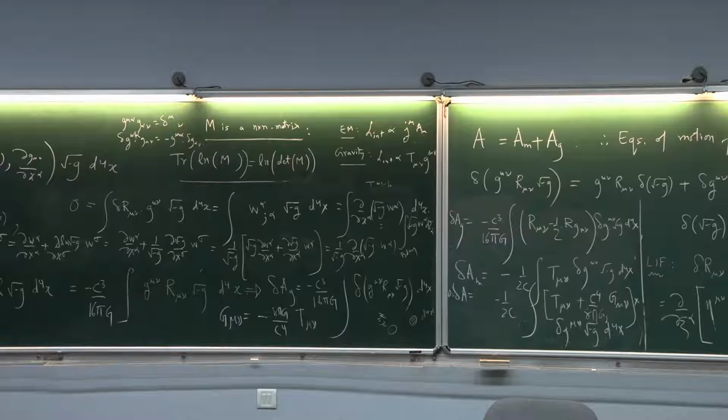He gets a theory which in the weak field and slow moving particle limit produces Newton's gravity, tells that particles acted upon by gravity are just freely falling particles following geodesics, and gravity is nothing but the non-Euclidean geometry of space-time.